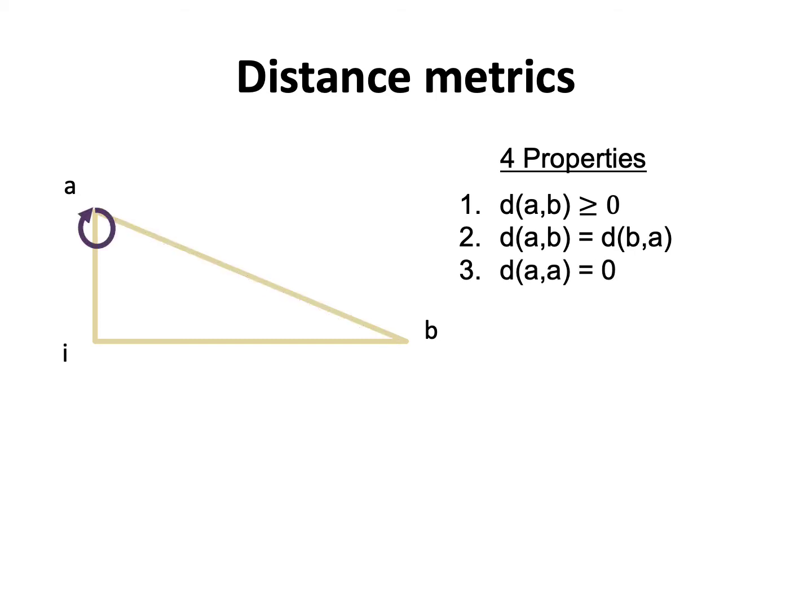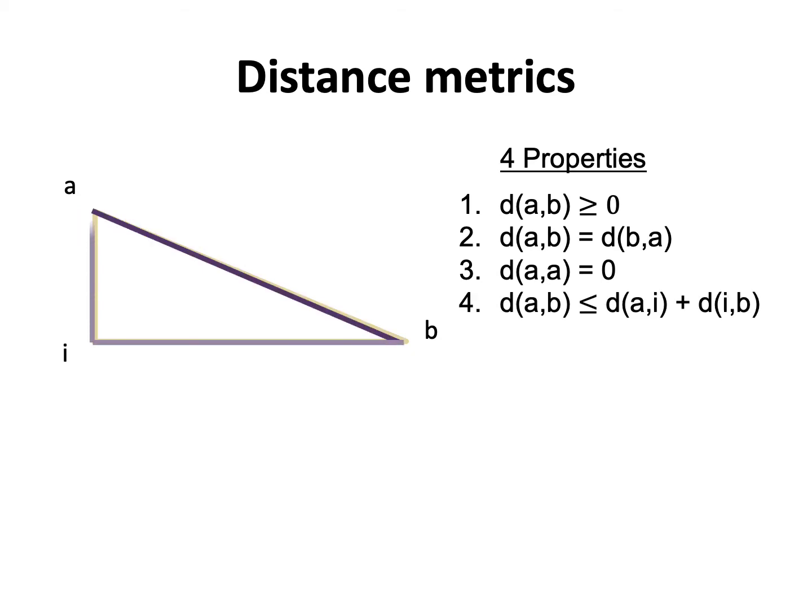The third property is that the distance from A to itself is 0. And then the fourth property is the triangle inequality, that the distance between A and B is less than or equal to the distance from A to a different point I, summed with the distance from I to B.